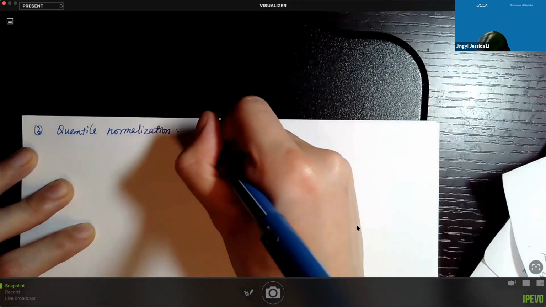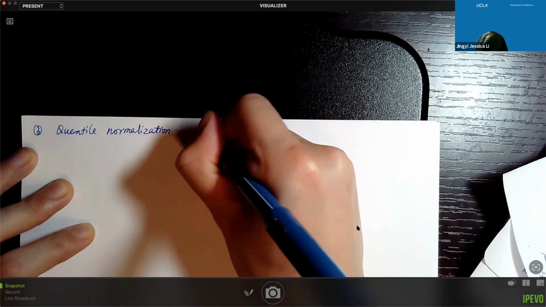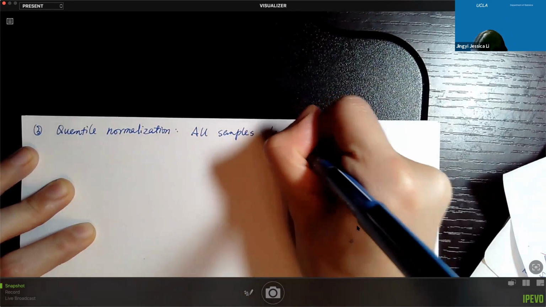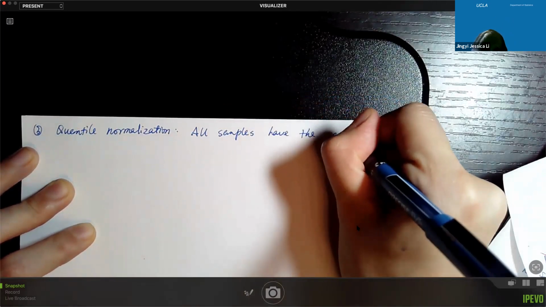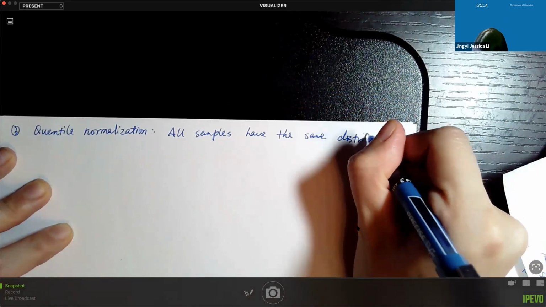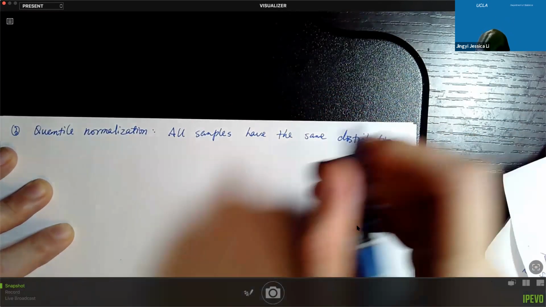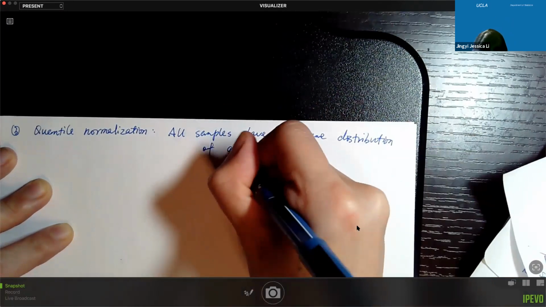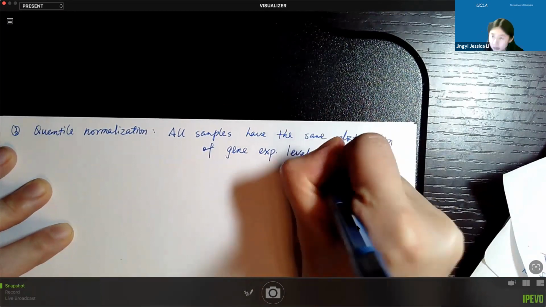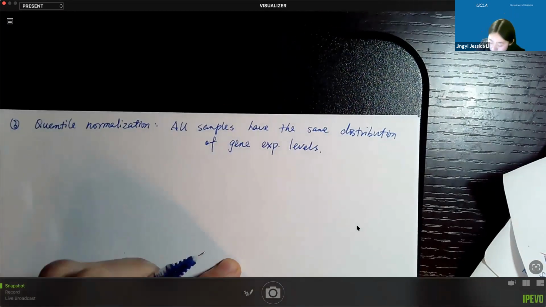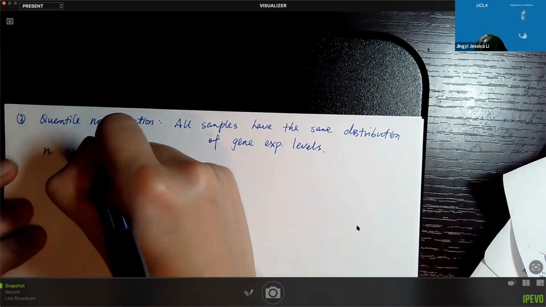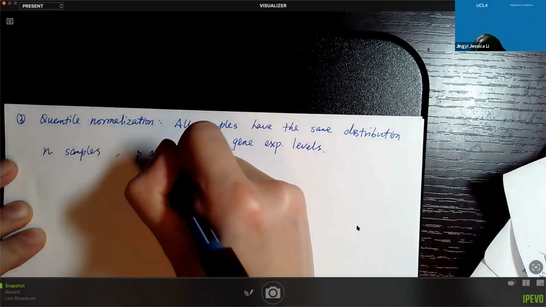So here the idea is that all samples have the same distribution of gene expression levels. Let's say that we still have the same notation, n samples and p genes.